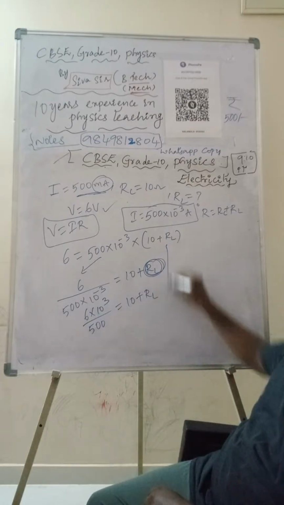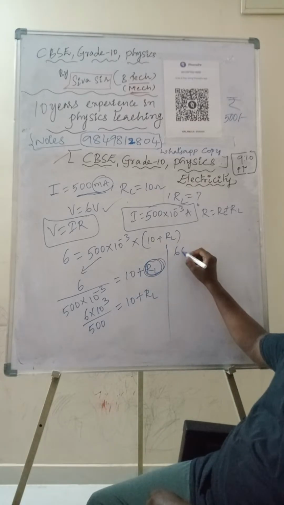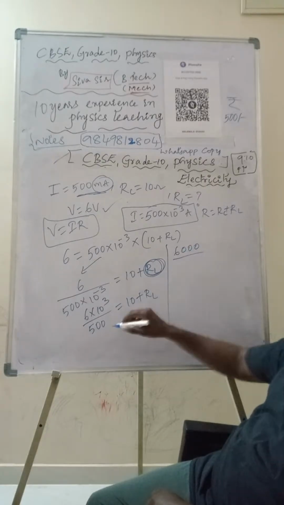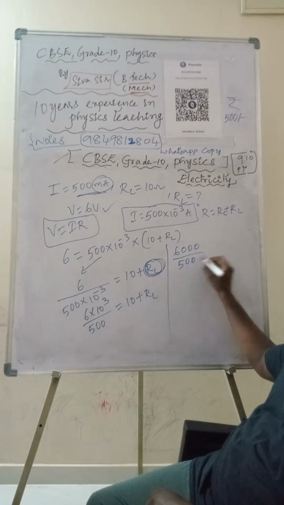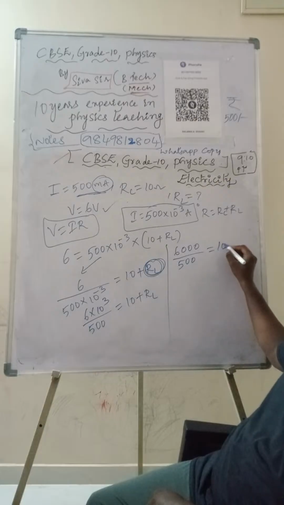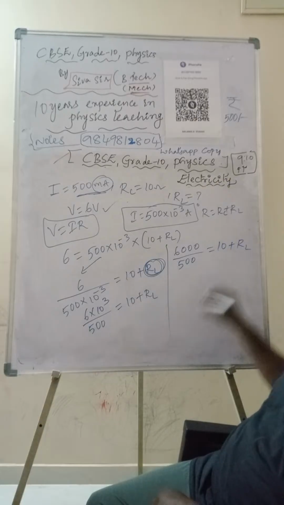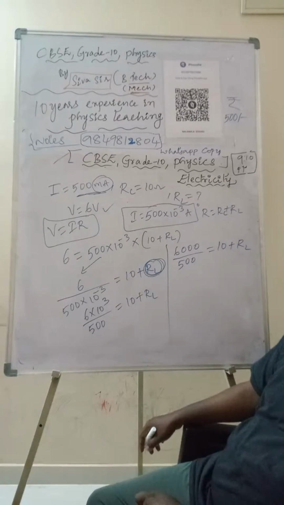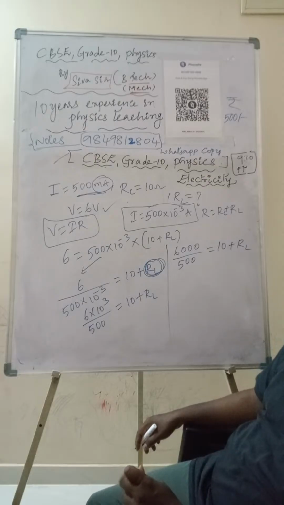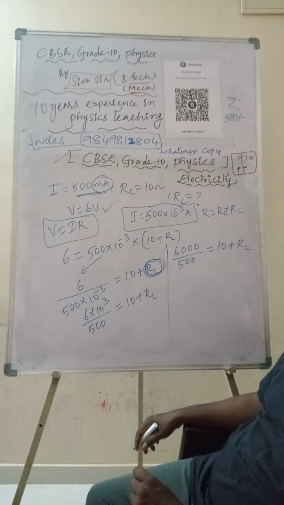Here I am taking 6000 by 500 equal to 10 plus RL.